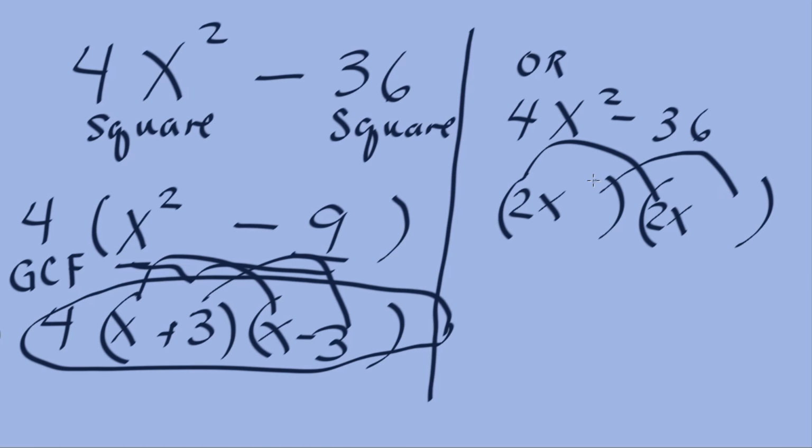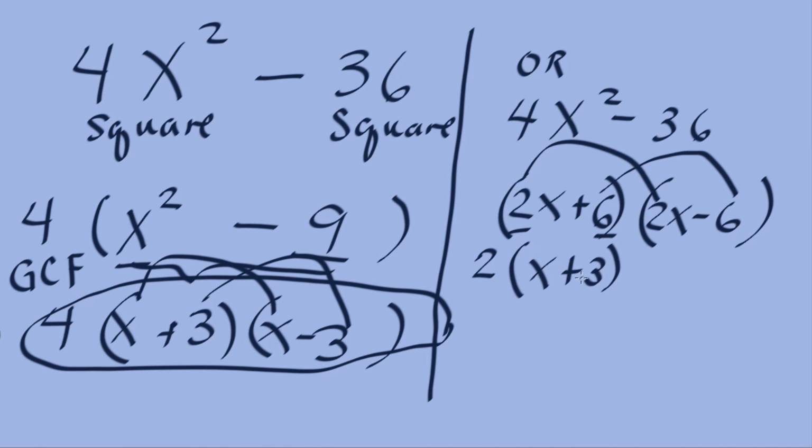And then 36 is going to be 6 and 6, plus and minus. Okay, because you didn't do the GCF in the beginning, this is not the complete factorization yet, because notice that 2 and 6 can still be factored because they have a common factor too. So you still have to do the GCF. You just have to do it at the end of the process.